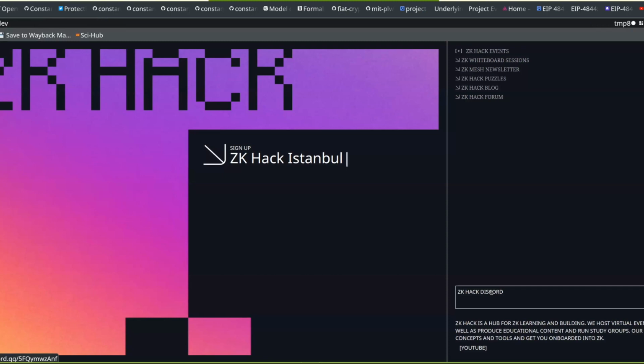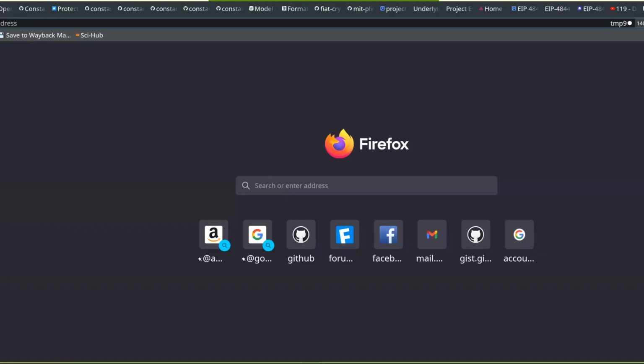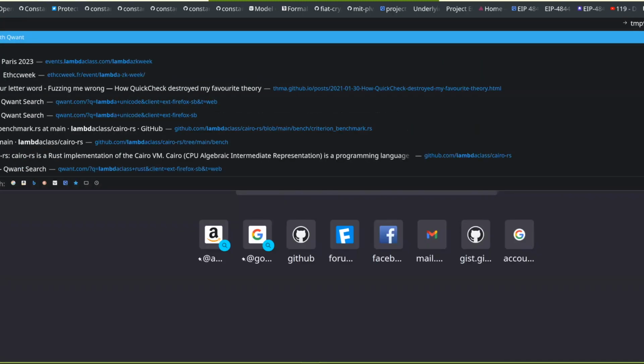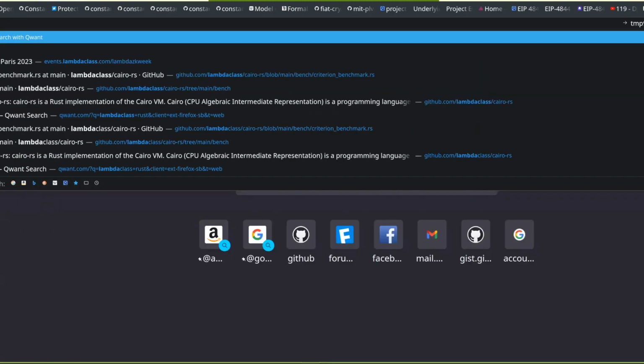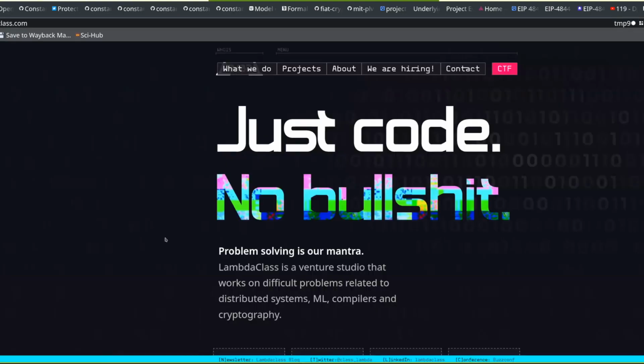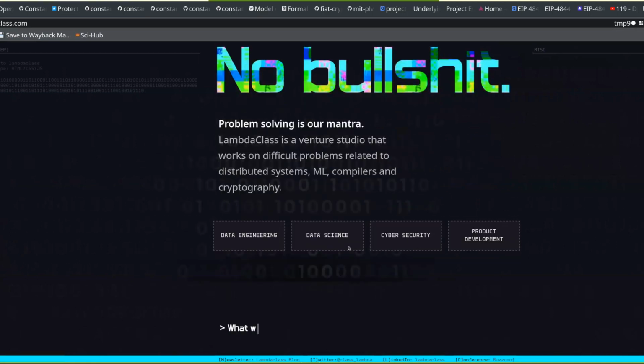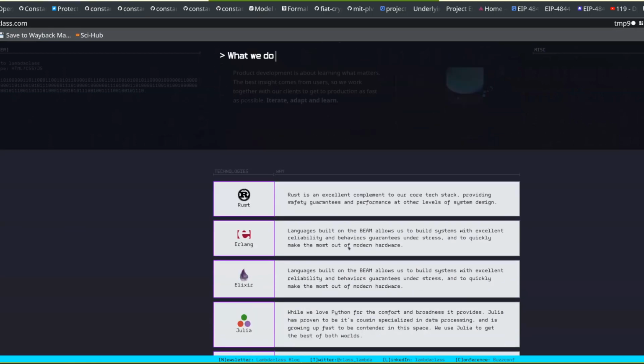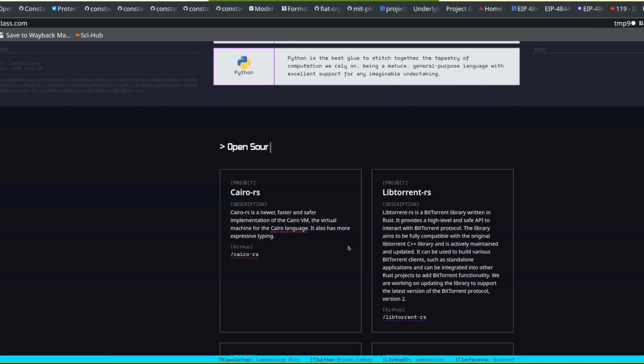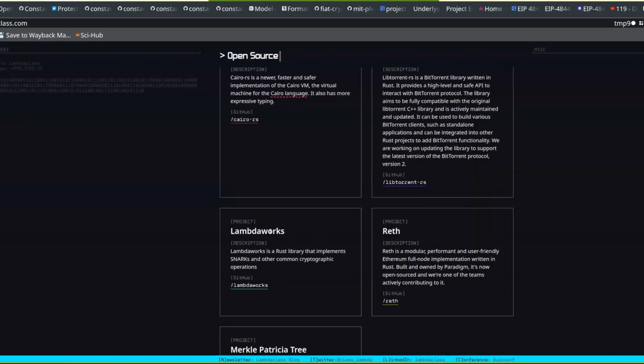Yeah, so there is ZK Hack. There is Lambda Works, Lambda Class. Let's see, lambdaclass.com. So they are building a cryptographic library from scratch. In Cairo, I think.